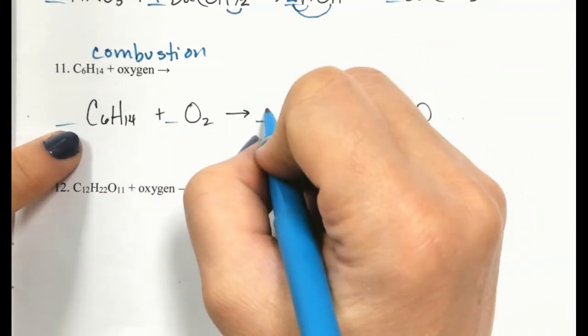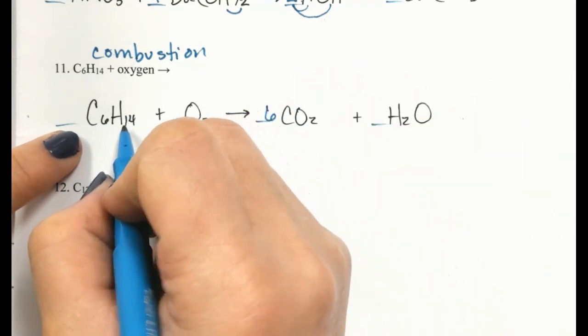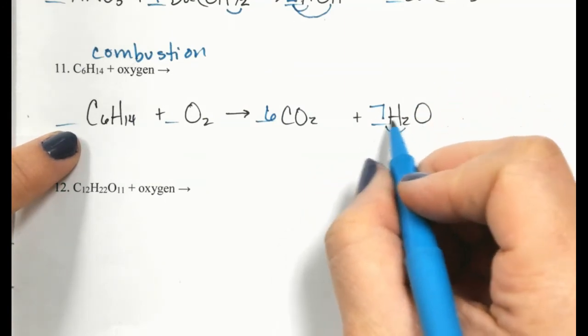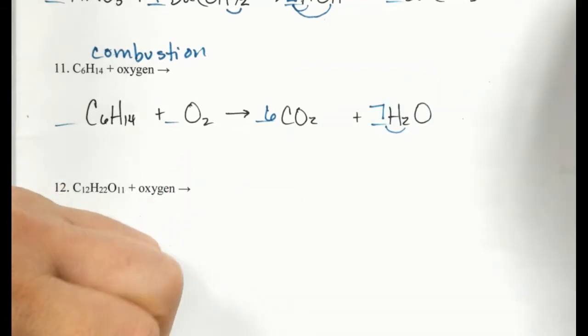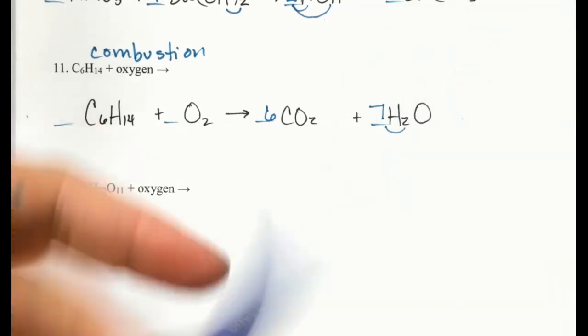6 carbon on the left, 6 carbon on the right, 14 hydrogen on the left, 7 times 2 will equal 14 hydrogens on the right-hand side. Now I'm going to use a different color to count all of my oxygens.